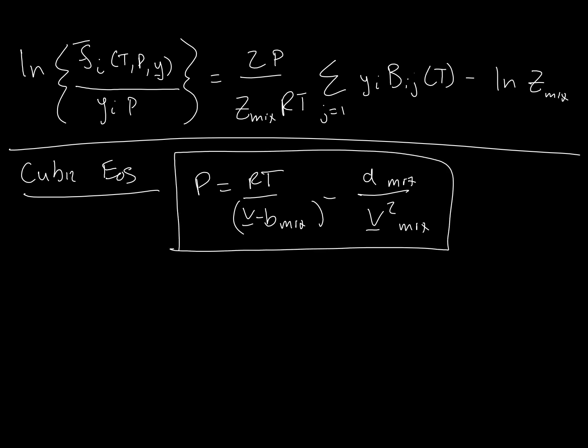Now we have double the problem. We have a term B, and we have the term A. So remind me, what is B quantifying? Excluded volume, and A is quantifying interactions. So which one do we think is going to be easier to estimate for a mixture?